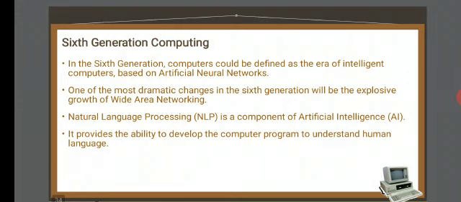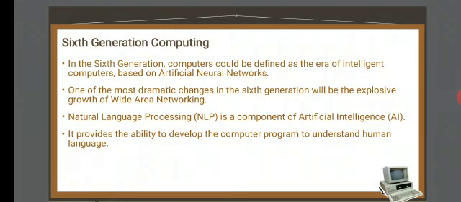The sixth generation can be defined as the era of intelligent computers based on artificial neural networks. That means the core of intelligence will be introduced in the sixth generation, with more artificial intelligent machines. One of the most dramatic changes in the sixth generation will be the explosive growth of wide area networks.